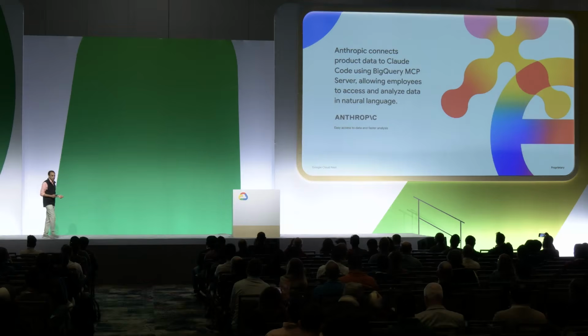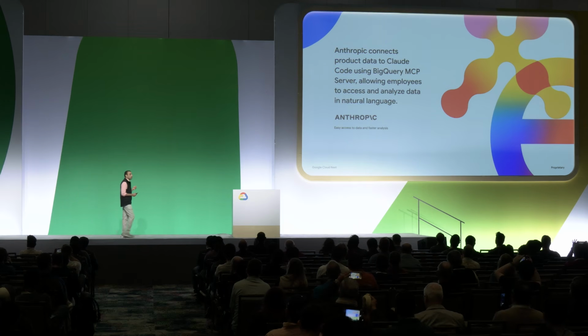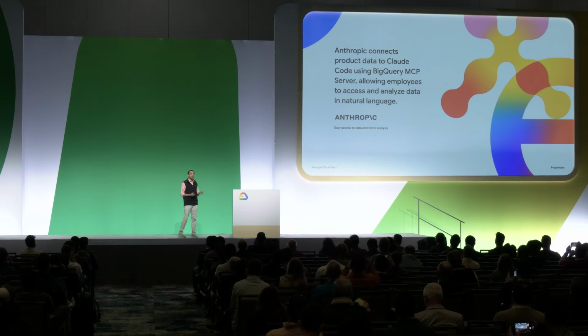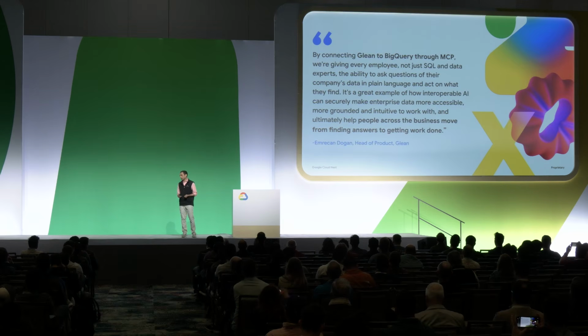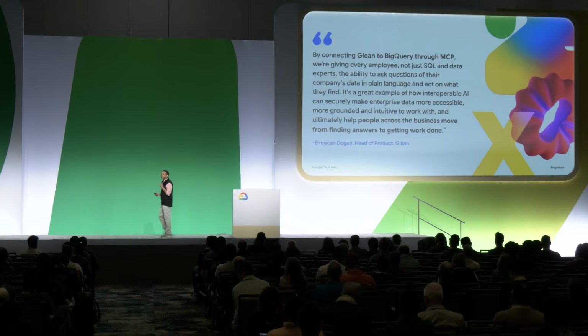Even Anthropic is utilizing our MCP server internally for their internal users to give access to BigQuery data, analyze their own metrics. We also have partners like Glean, who are giving access to their BigQuery customers through our MCP server. They believe this way their customers are able to make decisions faster, move faster, because they have access to the right data in natural language.